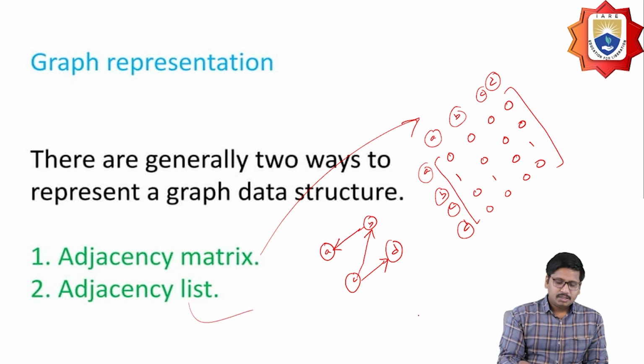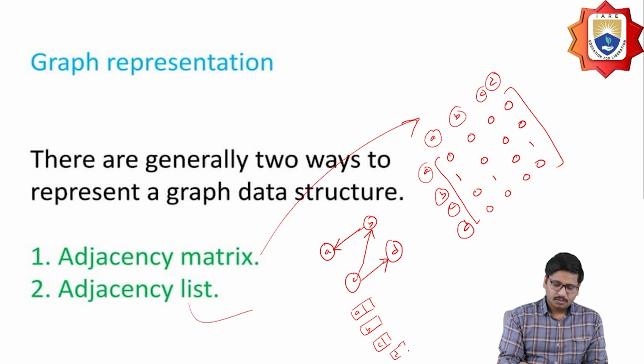And what about this adjacency list? In this one we're going to represent it in the form of a node's linked list. So I have no edge for A, so that's why it should be null.